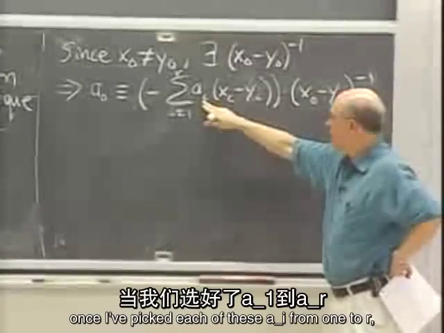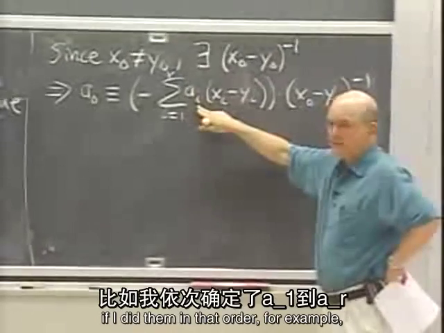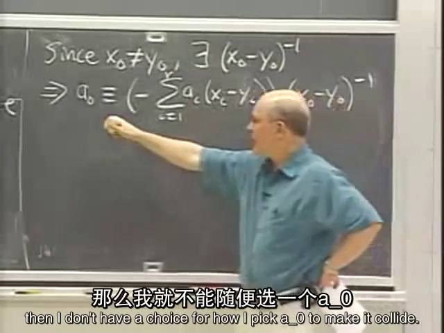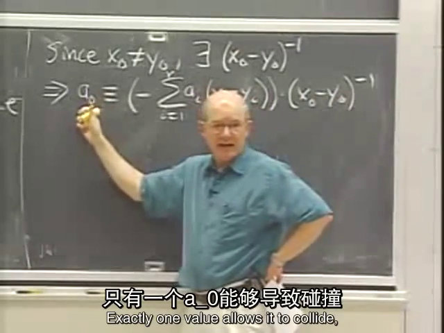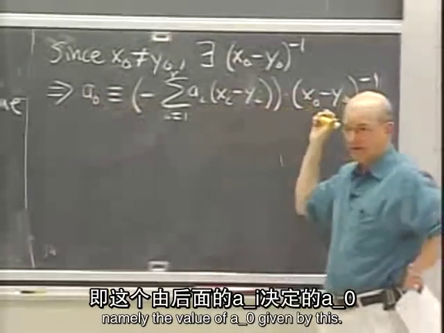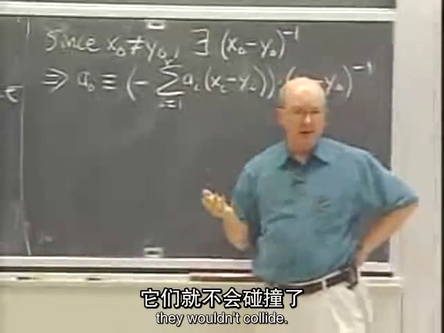Once I've picked each of these ai from 1 to r, if I did them in that order, for example, then I don't have a choice for how I pick a0 to make it collide. Exactly one value allows it to collide, namely the value of a0 given by this. If I picked a different value of a0, they wouldn't collide.